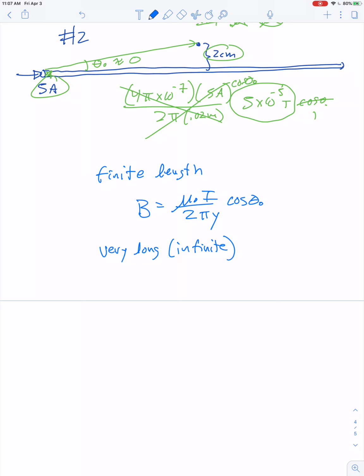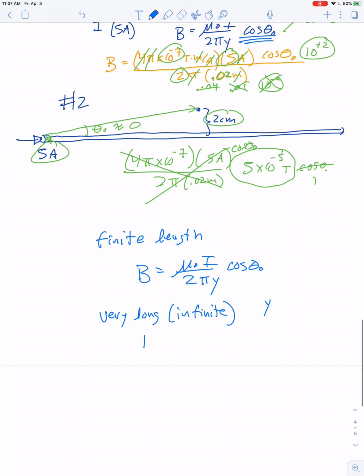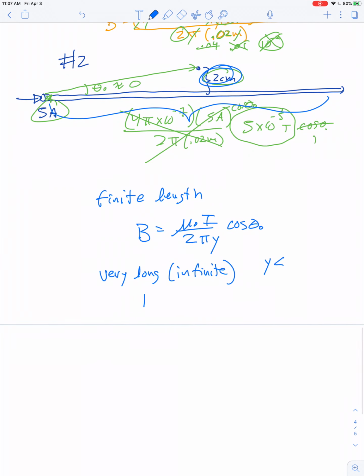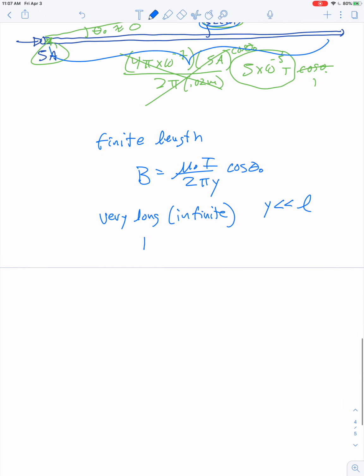For the very long wire, then, and what do we really mean by that? Very long is just the case where the distance y is very small in comparison to the overall length of the wire. So if the value of y is much, much less than L, then we can say B is approximately equal to mu naught I over 2 pi y, and just leave it at that. Okay.